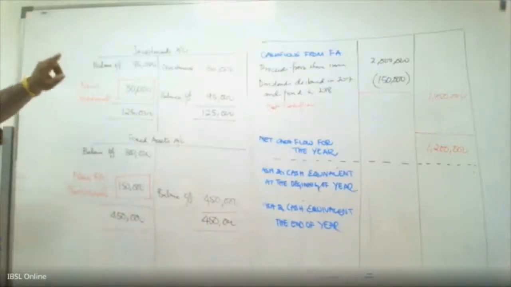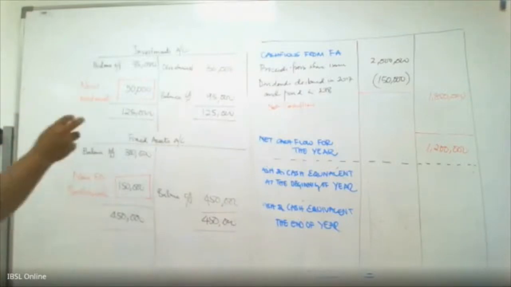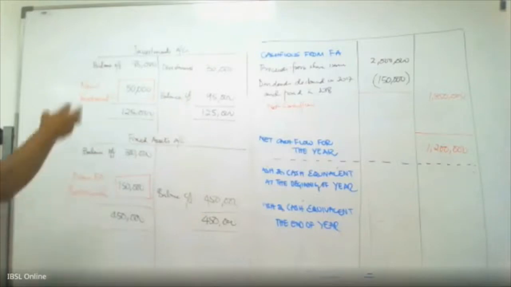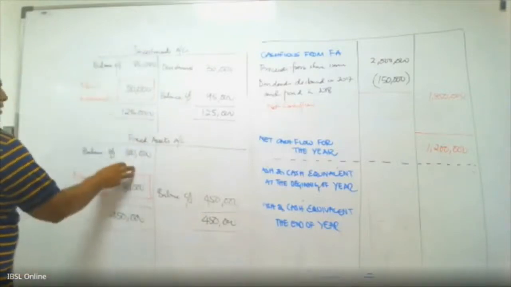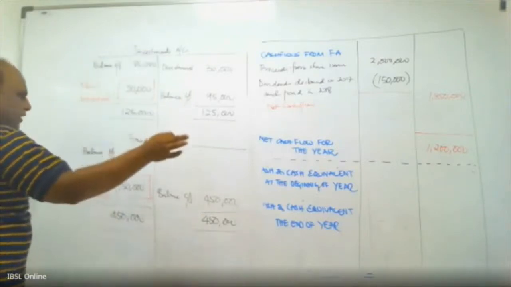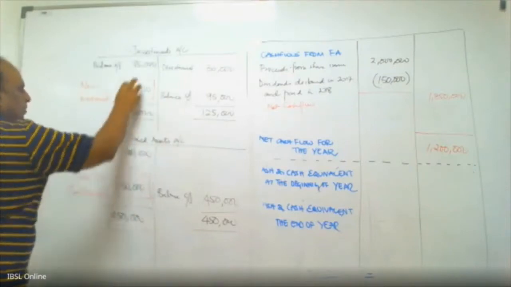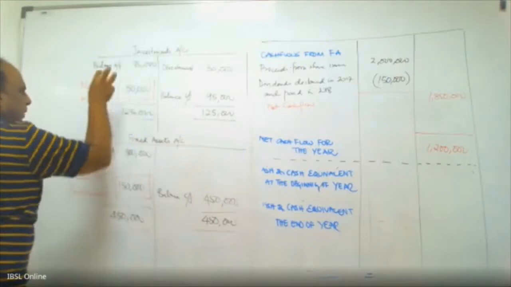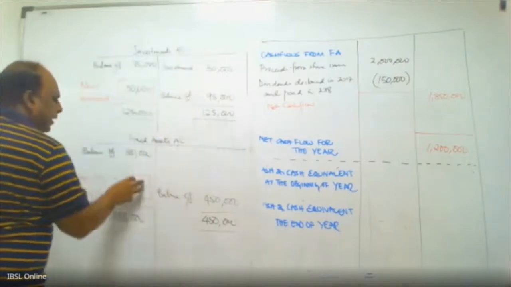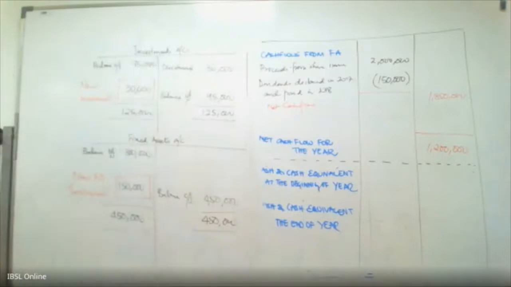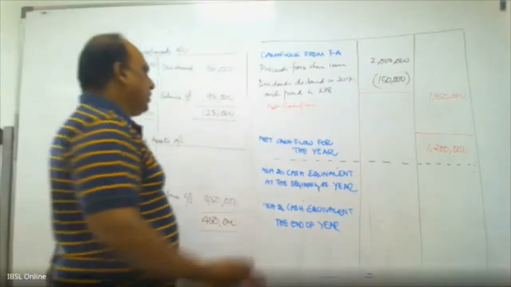So you have to be very careful. When you are taking the information from the balance sheet, when you come to investment and fixed assets, whatever is given there is not relevant. Now we have found out the cash impact. Debit here, credit cash. So this is what we need to take to the cash flow statement.